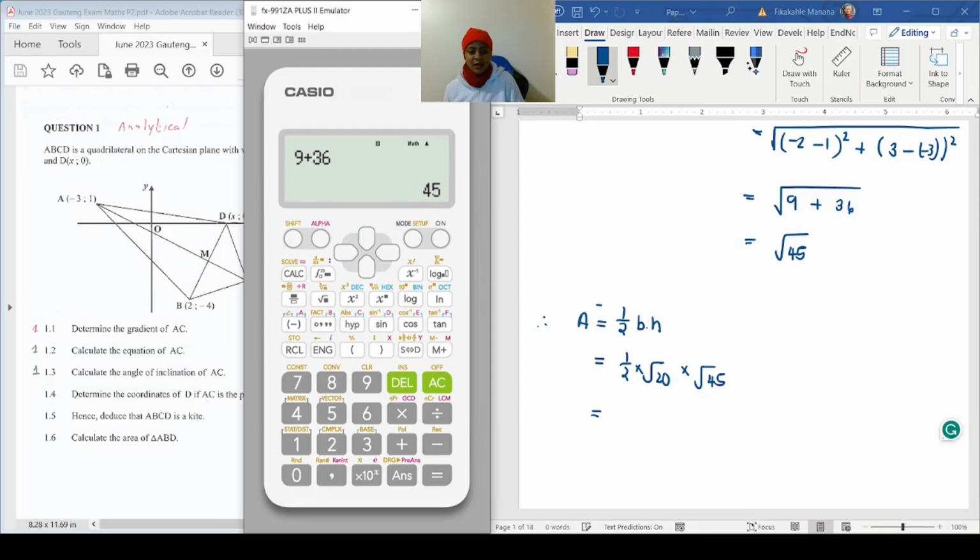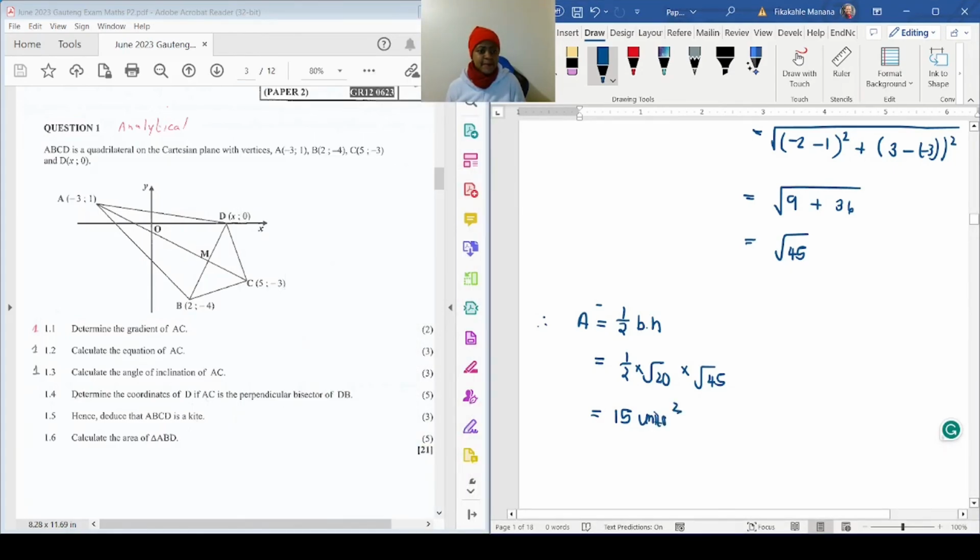This is where we take our calculators out. 0.5 multiplied by root 20 and multiplied by root 45. It's a nice rounded answer. So we have 15 units squared. Okay, they didn't give us the units there. So that is the area of triangle ABD, and we are done with question 1.